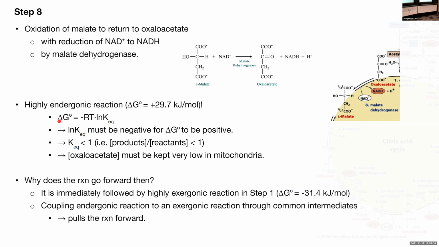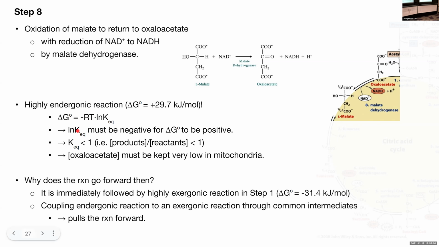When you think about the equation making the relationship between delta G and KEQ, since this delta G naught is a positive value, RT ln KEQ must be negative, meaning that, since RT are positive values, ln KEQ must be negative.